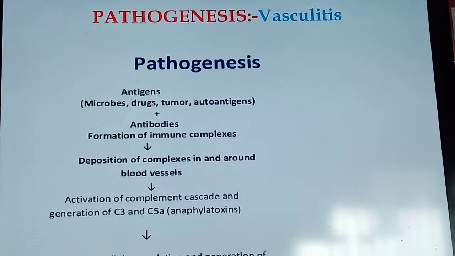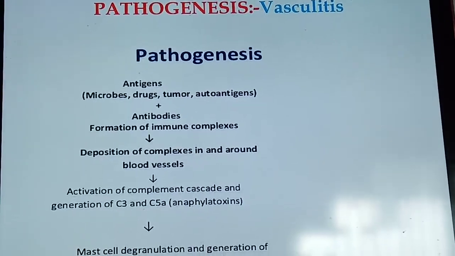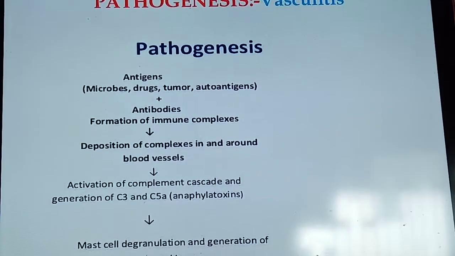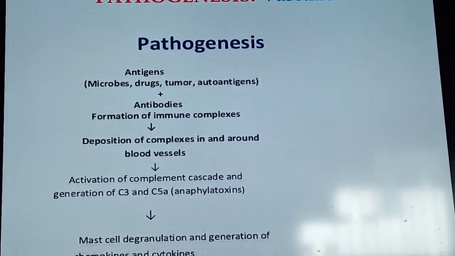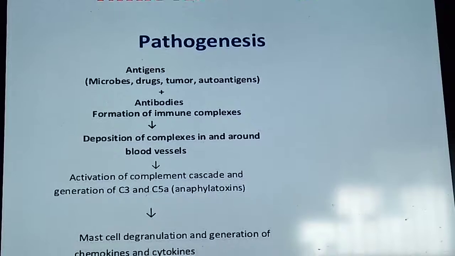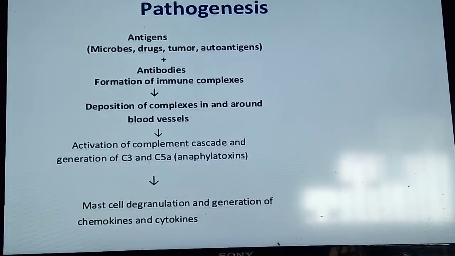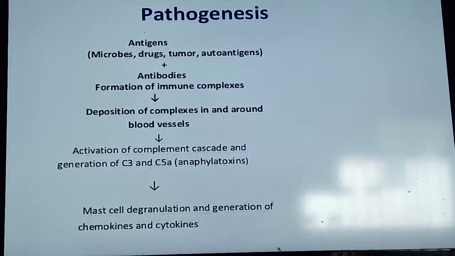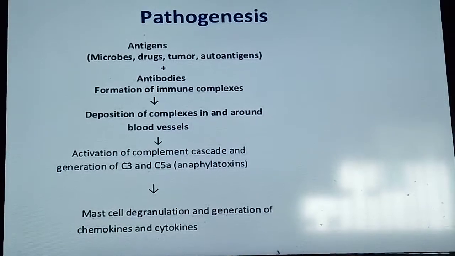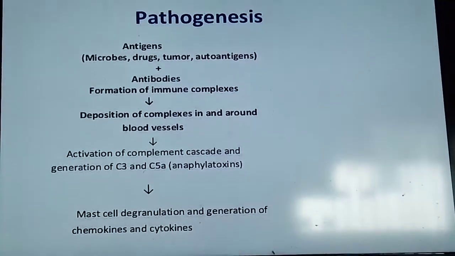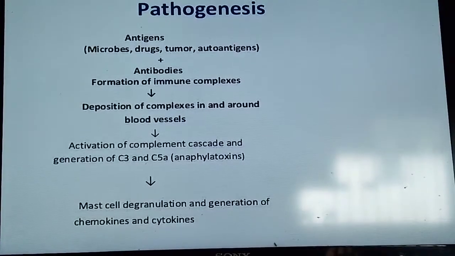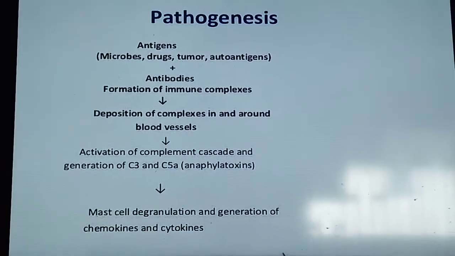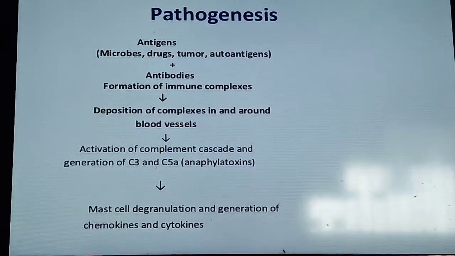Now, what is the pathogenesis behind vasculitis? Antigens like microbes, drugs, tumors, or autoantigens may combine with antibody and lead to the formation of immune complexes. The antigen and antibody combine to form the immune complex, which is deposited in and around the blood vessels.